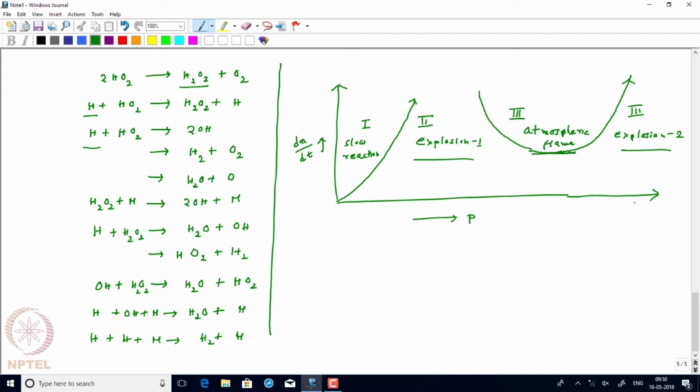Now this thing was actually observed, in 1937. I'll show you an interesting picture where it was shown that two accidents happened.